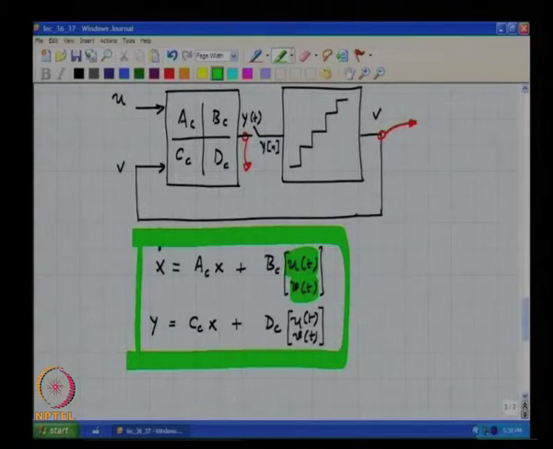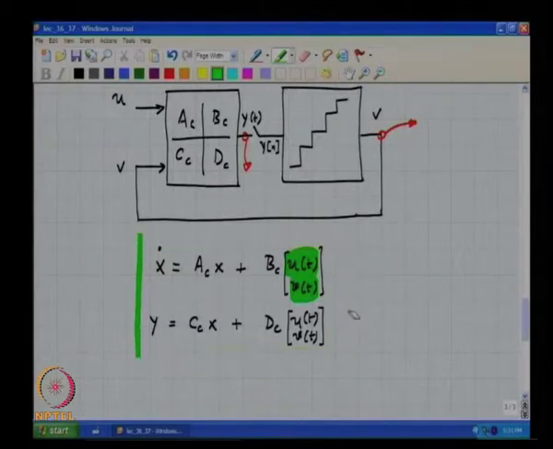But it seems like an awful waste of effort, because you are computing the output of the loop filter for all time and only taking samples. So, the question is, can I be smart about it and simplify things if I am only interested in samples of the output to begin with. Is this clear? Okay.